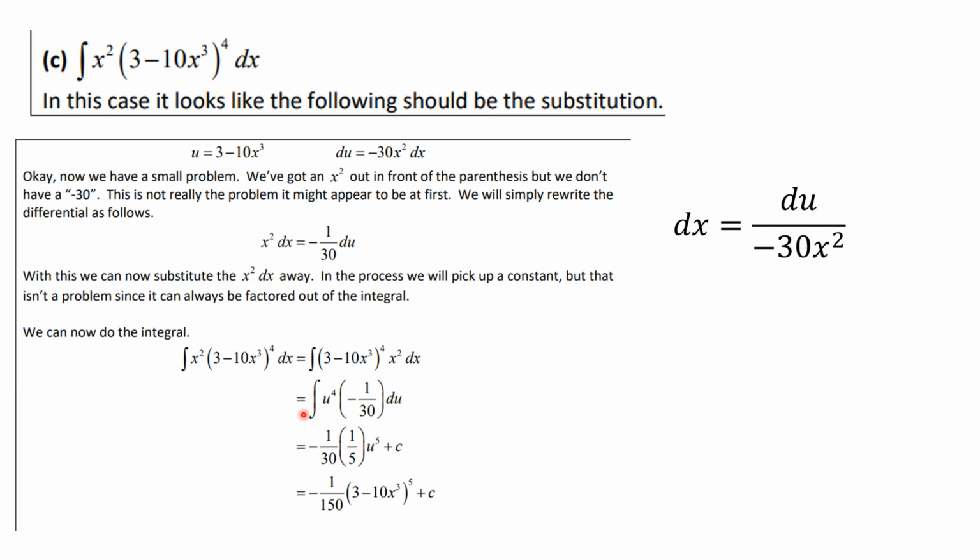So when I make that u substitution, this is what I get. And when I integrate u to the fourth, pull the −1/30 through, I have u to the fifth over 5 plus c. And then I reverse the substitution because my answer has to have x's in it.